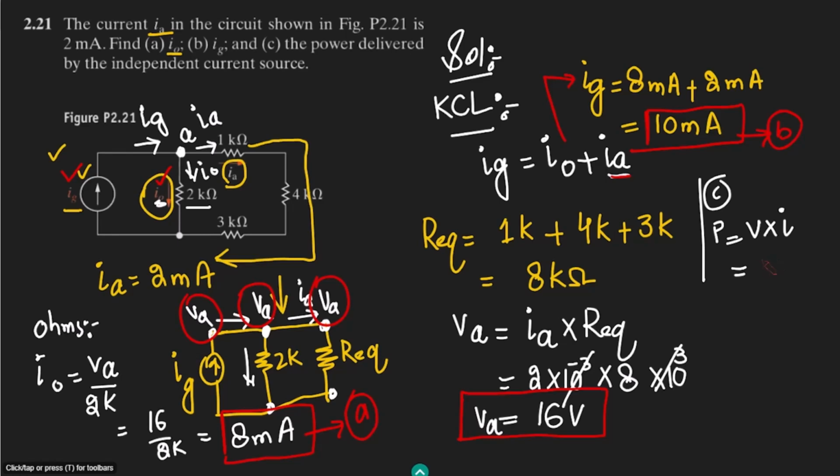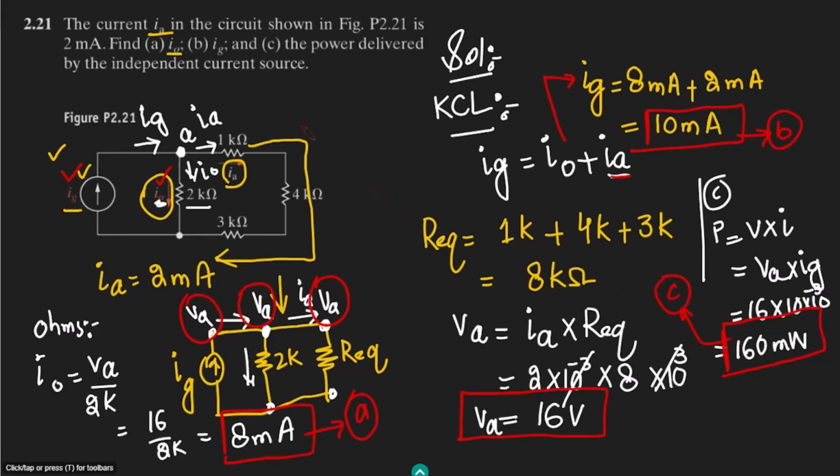The voltage here is already VA, because all of these three are in parallel, and the current is IG. So it will be 16 multiplied by 10 into 10 to the power minus 3, because this is in milliamps, so it will be 160 milliwatts. That is the solution of part C of my question.